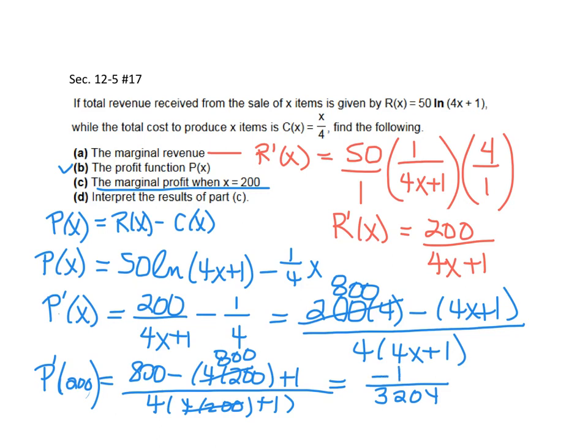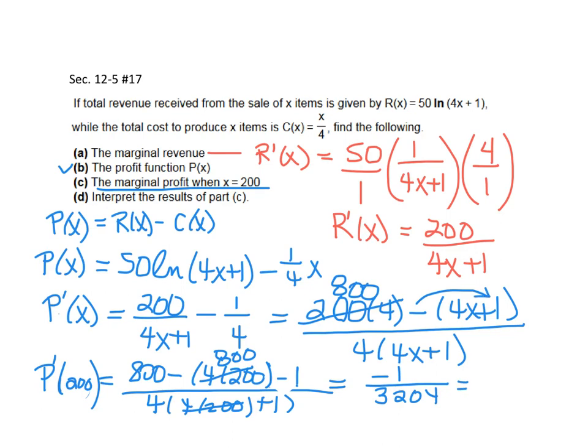And I made an error as I brought this down, because when I multiply 1 times 4x plus 1, and remember that I'm subtracting, I do get minus 4x, and I also get minus 1. When I distribute my negative sign, that 1 becomes negative.